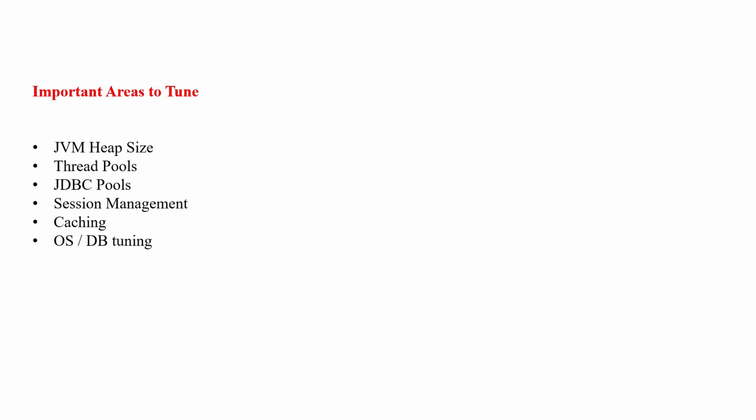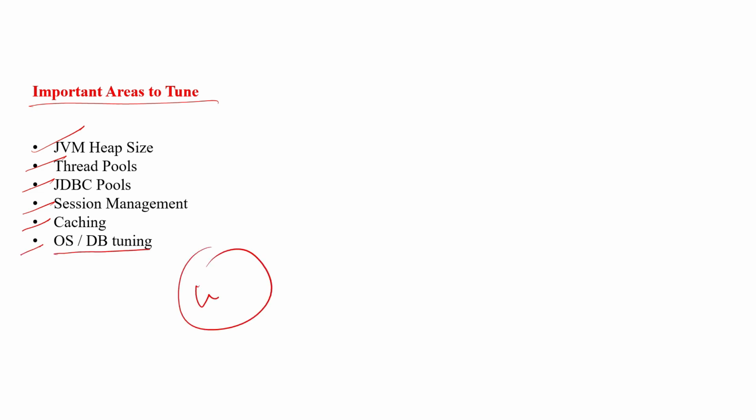Okay, so what are the important areas that we mostly tune when we are working on an application server, not specific to WebSphere, but to each and every application server, whether you are on JBoss, WebLogic, or anywhere. The very first thing is the JVM heap size, thread pool size, JDBC pool, session management, caching, and your OS and DB tuning, right?